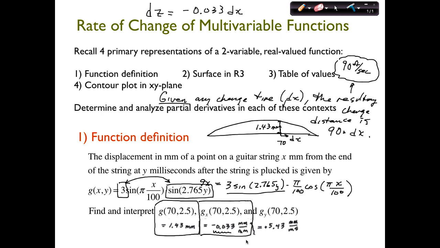The partial with respect to y. Given a change of y, the resulting dz equals 5.4.